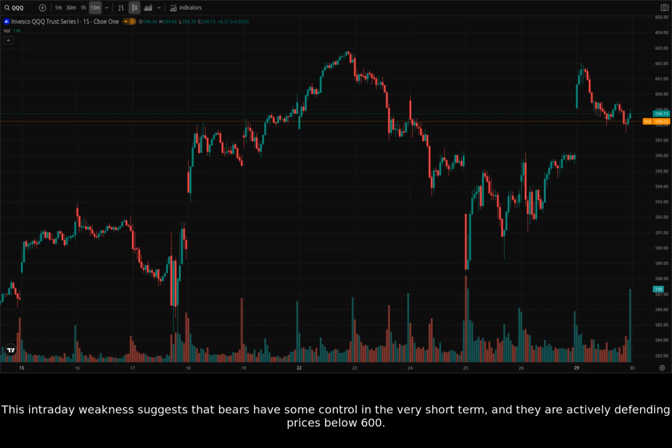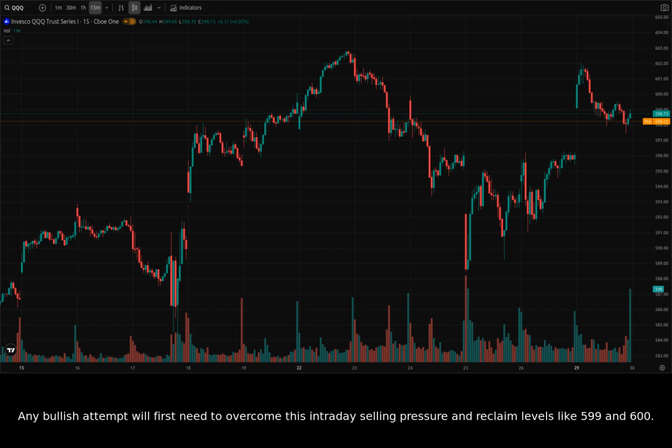This intraday weakness suggests that bears have some control in the very short term, and they're actively defending prices below 600. Any bullish attempt will first need to overcome this intraday selling pressure and reclaim levels like 599 and 600. The price action here reflects the broader uncertainty we talked about earlier from the news.